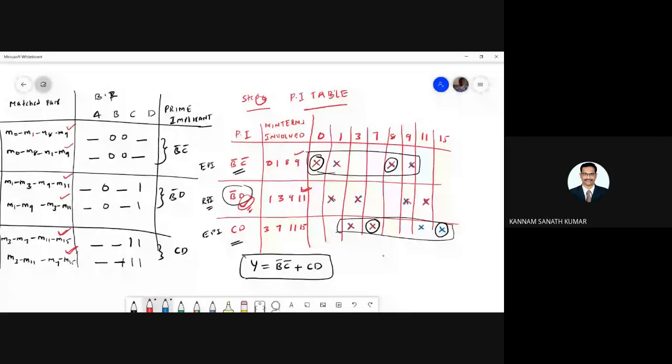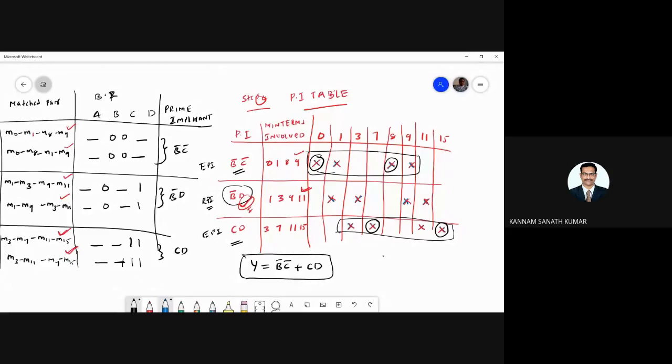Okay, so next what you should do, you should circle the cross mark where only one cross mark is there in a column. From that, you write the min-terms involved.